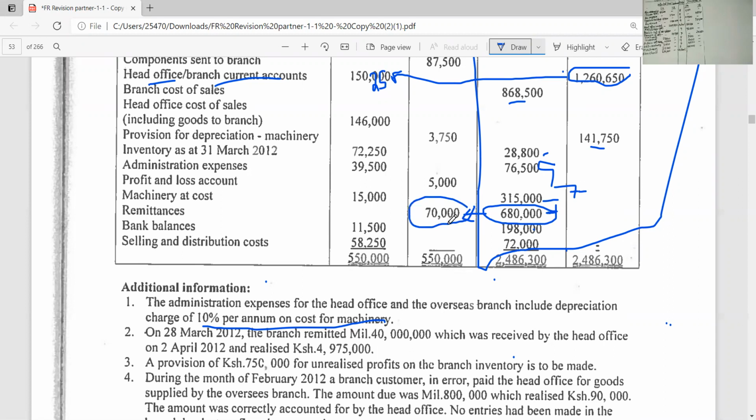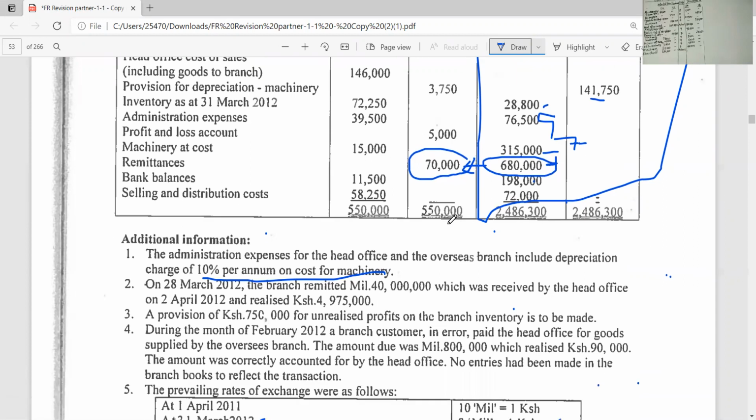So 70,000 plus an amount which was in transit according to note 2. The amount in transit, the 40 million, of which the head office received 4.9, we have to add to 70,000. So the total amount would be 74.95. So I have to take 70,000 plus this one. That is the actual amount.